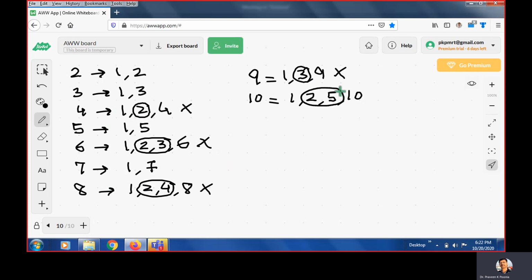So two proper factors, 2 and 5, are available. So 10 is not a prime number. But 11, if you see, there is no proper factor available. So for 2, 3, 5, 7, 11, there is no proper factor available. So these numbers are called prime numbers. Clear?